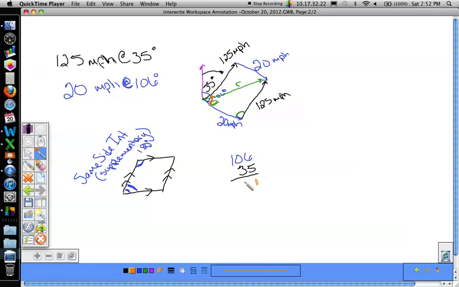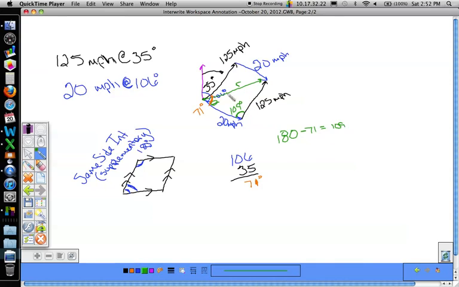So that's 71 degrees in orange. The green one then has to be 180 minus 71. 180 minus 71 gives us an angle of 109. That's 109 degrees right in here.